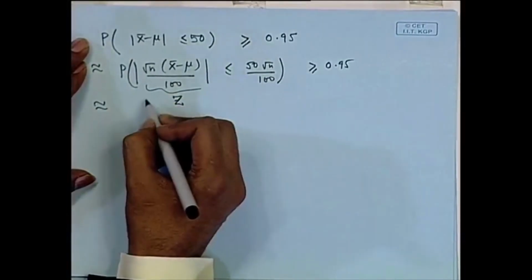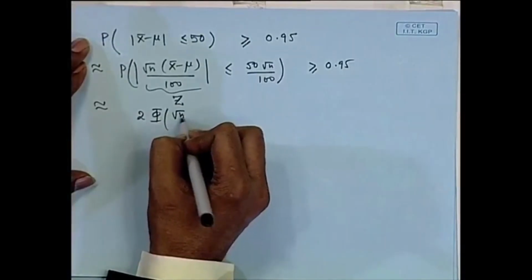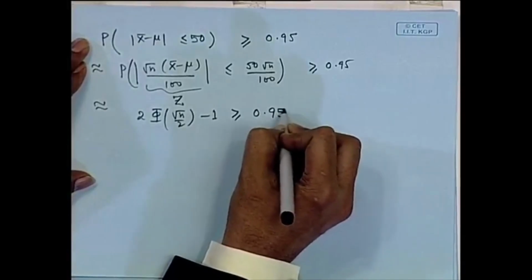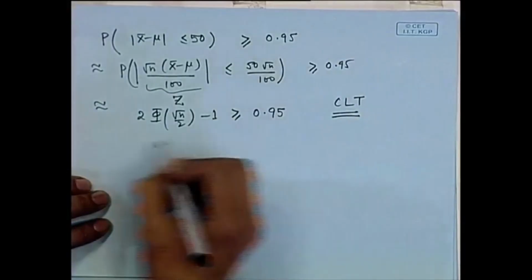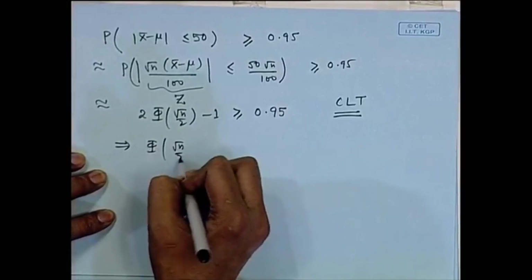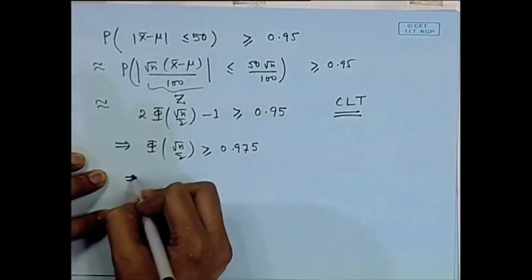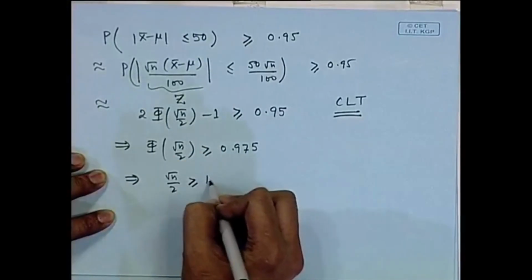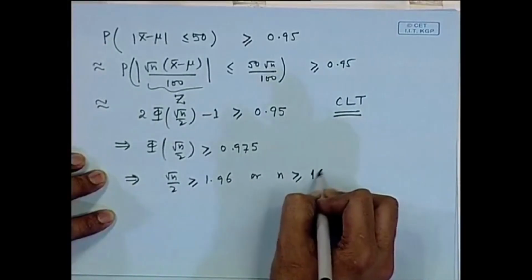So, this can be written in terms of the CDF, that is, twice phi of root n by 2 minus 1 greater than or equal to 0.95. This gives us phi of root n by 2 greater than or equal to 0.975. So, from the tables of the normal distribution, root n by 2 must be greater than or equal to 1.96, or n must be greater than or equal to 16.